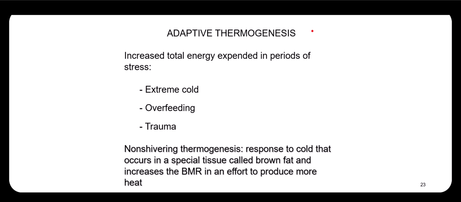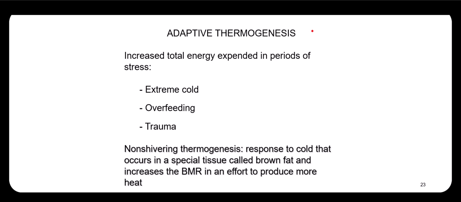We're going to talk later about adaptive thermogenesis. We're going to talk about how we can very quickly generate heat. Some of our energy goes to heat. So we're going to use more energy in periods of stress, extreme cold, overfeeding, trauma, things like that. And we're going to talk about a concept called non-shivering thermogenesis.